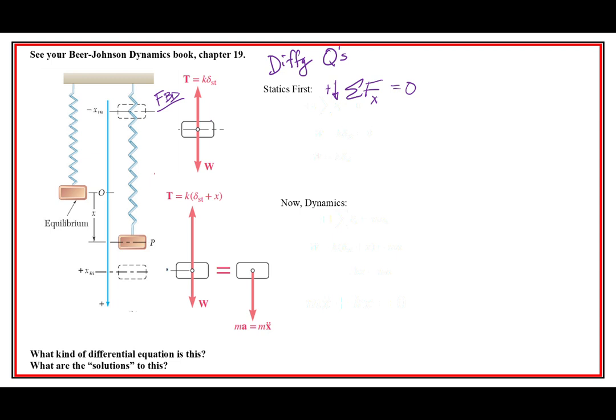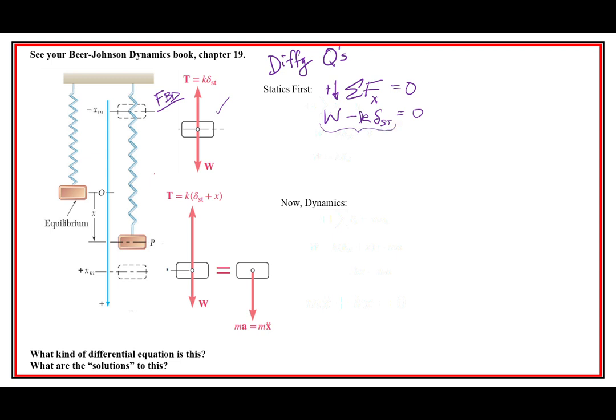So we take a look at this FBD and we go, okay, well, the weight is downwards, but the tension in the spring is going to be negative because it's going in the opposite direction, and here's your static deflection, right? So that's how much the spring has stretched at this weight. I'm going to leave it in this form because we might be able to see later on that guy right there is something that pops up.